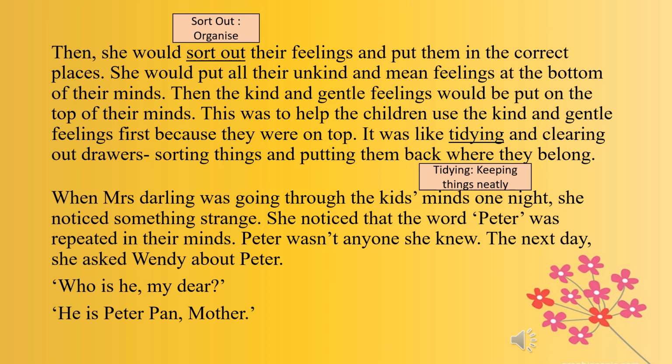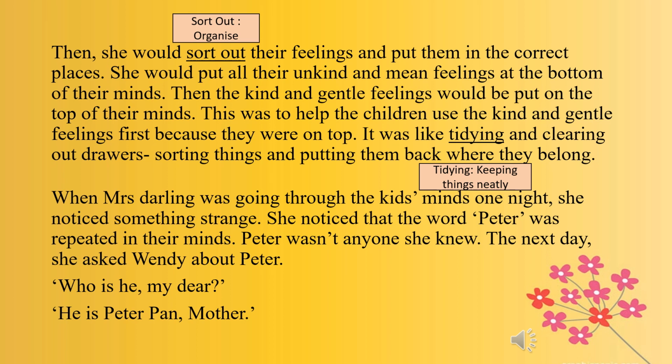Now, what do these paragraphs talk about? Mrs. Darling had a strange routine of going through the minds of the three children every night. She would put all their unkind and mean feelings at the bottom of their minds and put the kind and gentle feelings on the top of their minds.